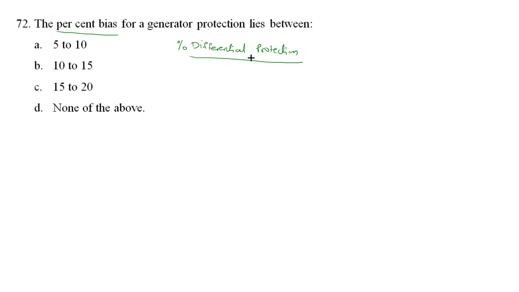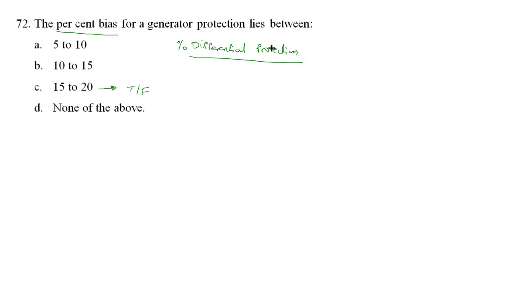So whenever there is change in the voltage ratio, there are chances of a spill current even though fault takes place outside the zone of protection of differential protection, and in order to avoid the unnecessary tripping we need to have more bias. So we keep 15 to 20% bias in case of transformer.